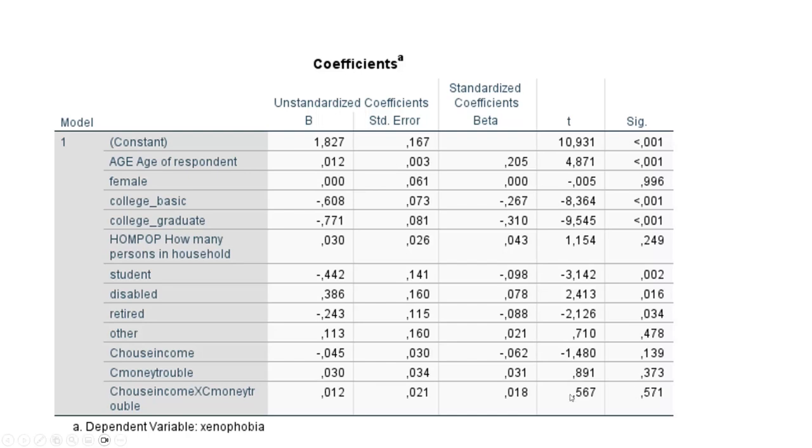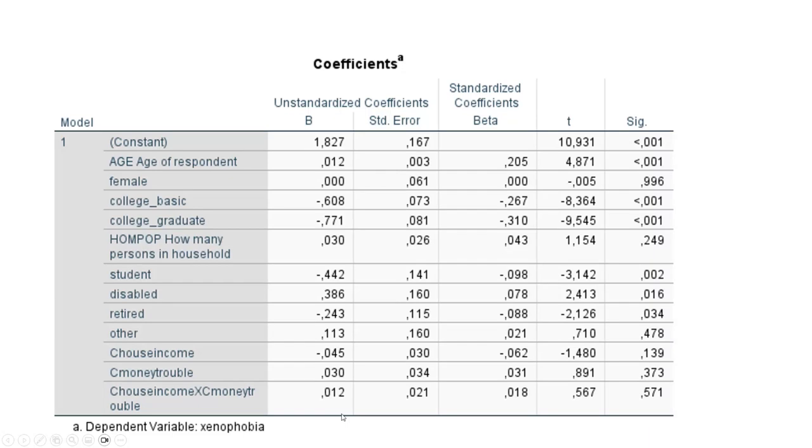Now we would have to conclude that economic status has no significant effect on xenophobia when controlling for work status, education, and age. And we've even tried the interaction between the two, and it didn't produce any significant effect.